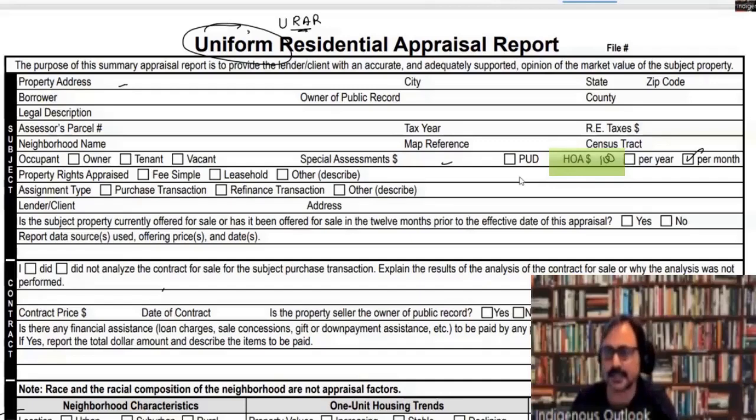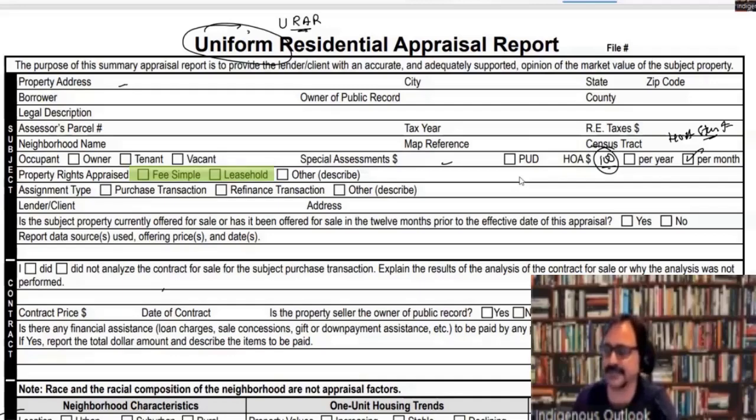Again, we can cross check it, but we do not consider this amount. We will go for the HOA statement, right? We will ask for the current HOA statement, and from there we are going to consider this amount for our PITI purpose.